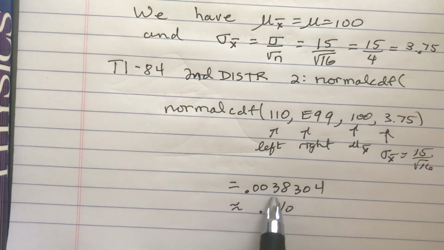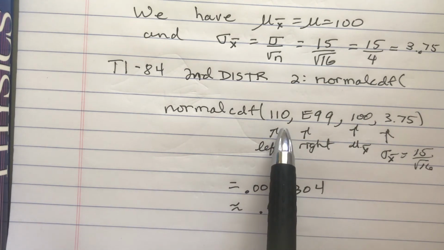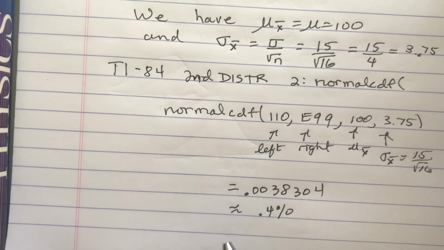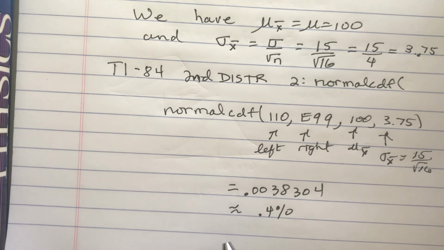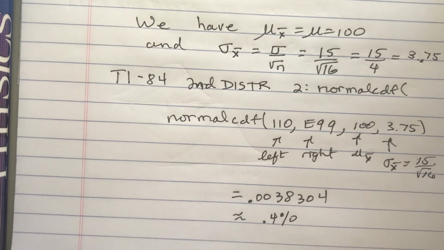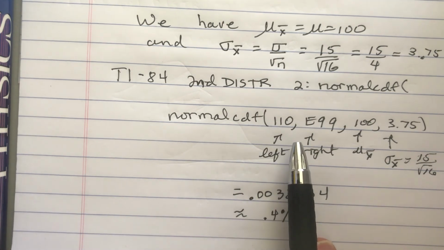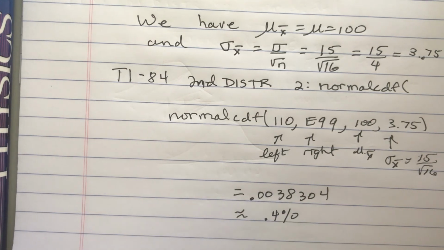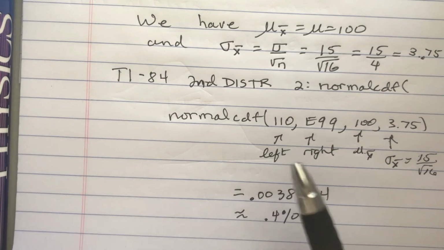What is this saying? It's very unlikely that you sample 16 people and the whole sample has an IQ higher than 110 on average. If you do a random sample, on average, you're going to get close to the population, which is a good thing, because that's why we're sampling.